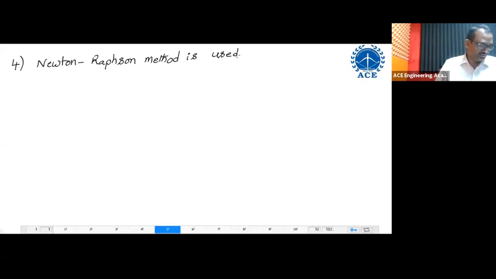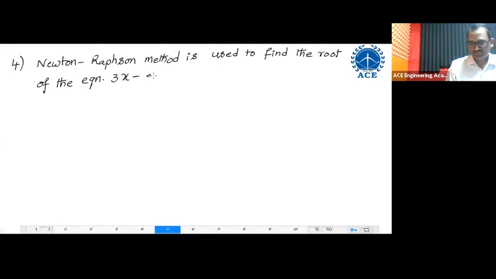Newton-Raphson method is used to find the root of the equation 3x minus e power x plus sin x equal to 0.